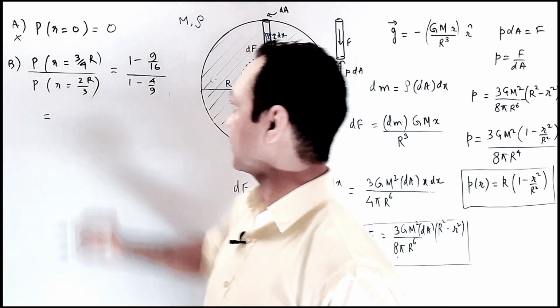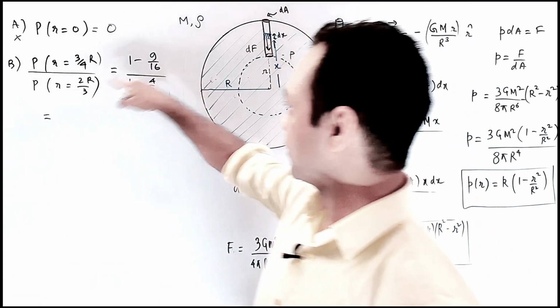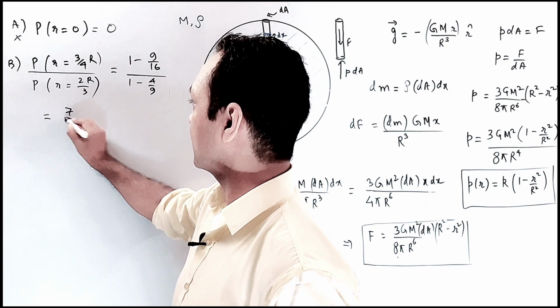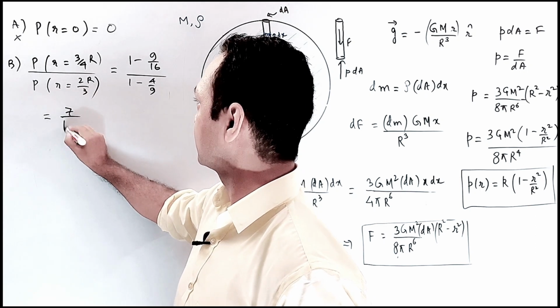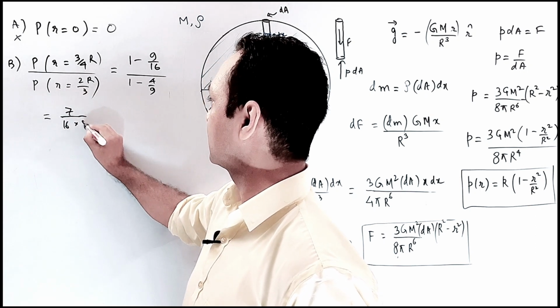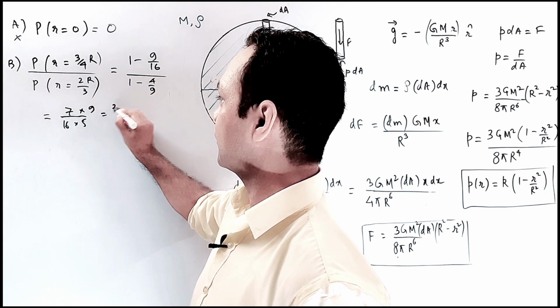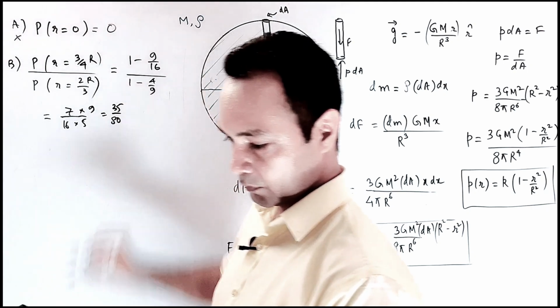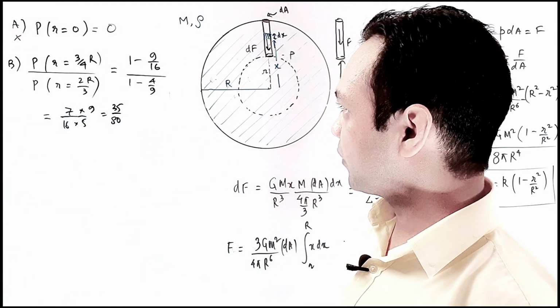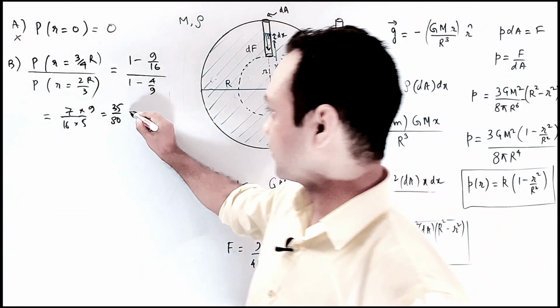On simplification, this will become 7 by 16 and 5 by 9, that is 35 by 80. So this is also incorrect.